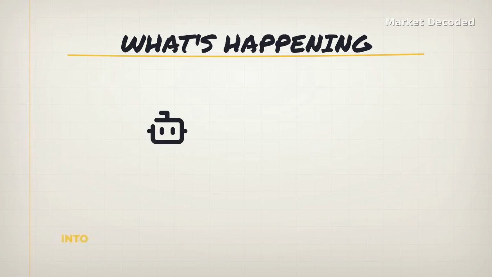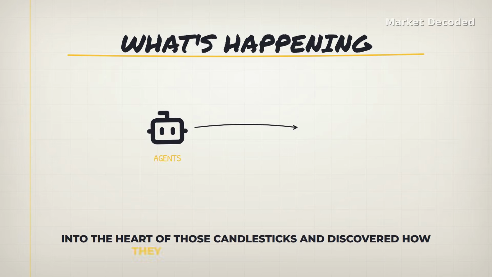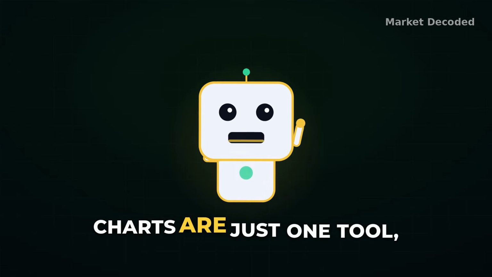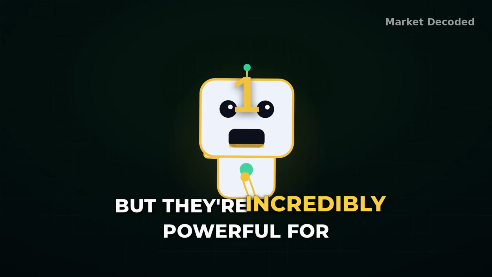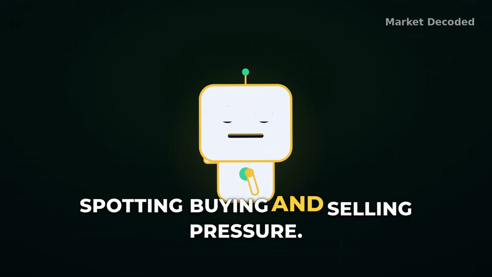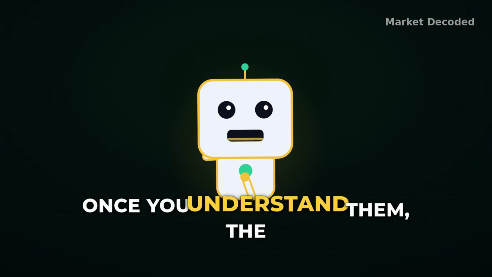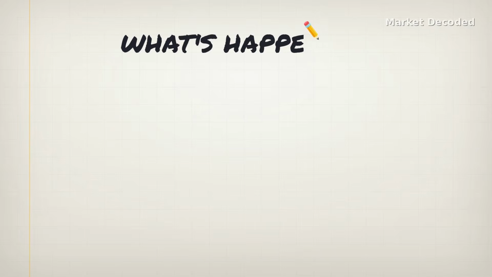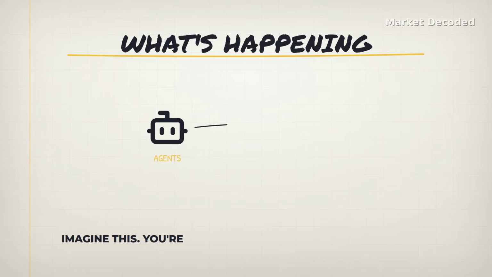Now that we've peered into the heart of those candlesticks and discovered how they show us the ebb and flow of buyers and sellers, let's take it to another level. Here's what insiders know. Candlestick charts are just one tool, but they're incredibly powerful for spotting buying and selling pressure. Once you understand them, the markets become a bit less mysterious. Imagine this. You're at an airport, waiting for your flight.